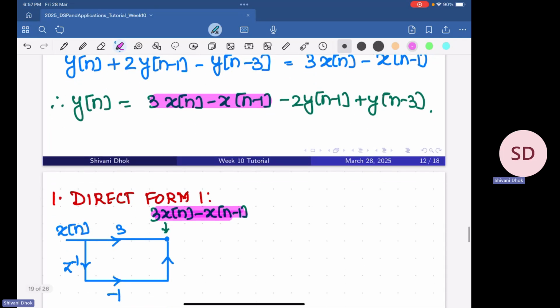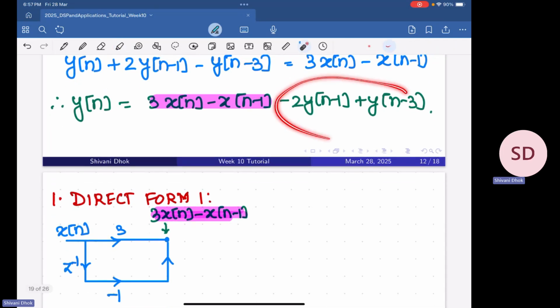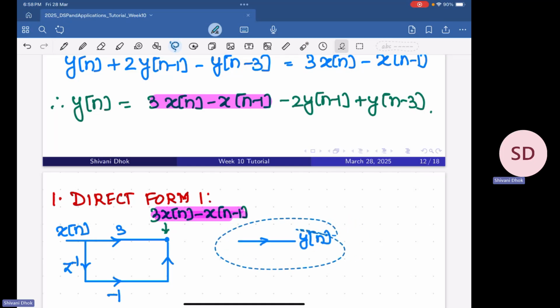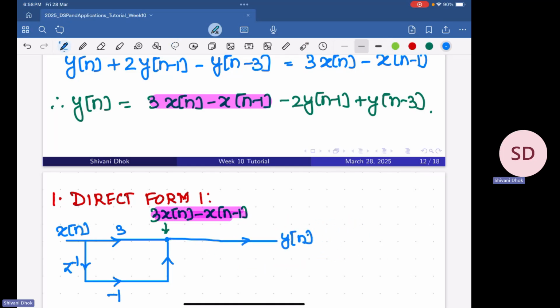Now after this part we need to construct the remaining part, that is this one. This gets added. We know that the output here is y of n. This gets added here like this.